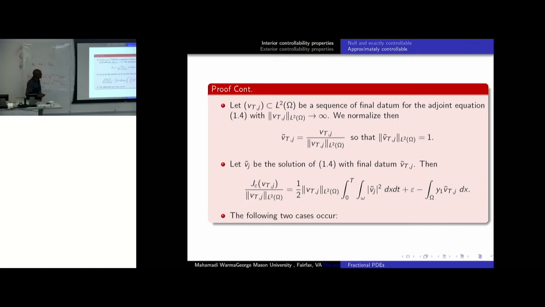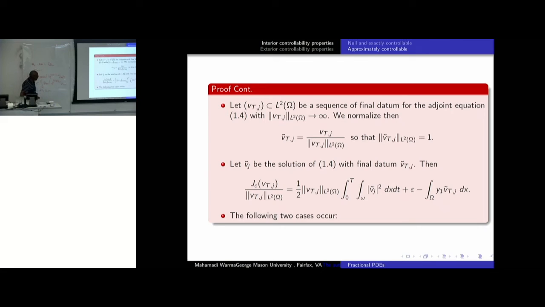First, we take a sequence in L2 of initial data whose L2 norm goes to infinity, but we normalize them so that the L2 norm is 1. Now we take V sub j tilde to be the solution of the adjoint equation with those final data.